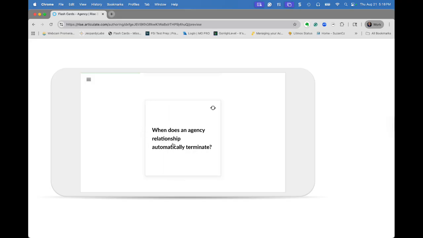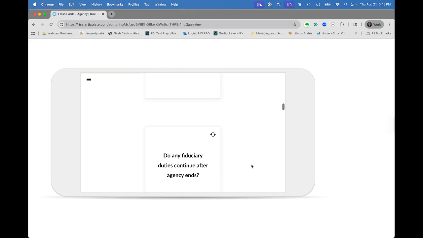Now, remember, I just told you a minute ago, it will not terminate upon the death of the salesperson, because agency agreements are between the broker and the client. So we could add mutual agreement, both parties mutually agree to terminate. And we could also add death of the broker or client. And I will add that to the flashcard, okay?